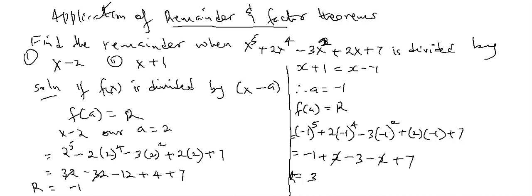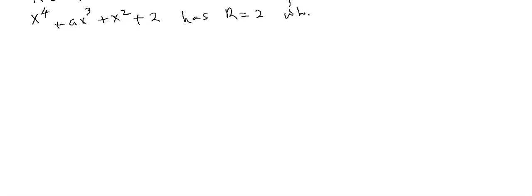For example, find the numerical value of a if we have x raised to power 4 plus ax cubed plus x squared plus 2 has a remainder of 2 when divided by the linear function x minus 2.